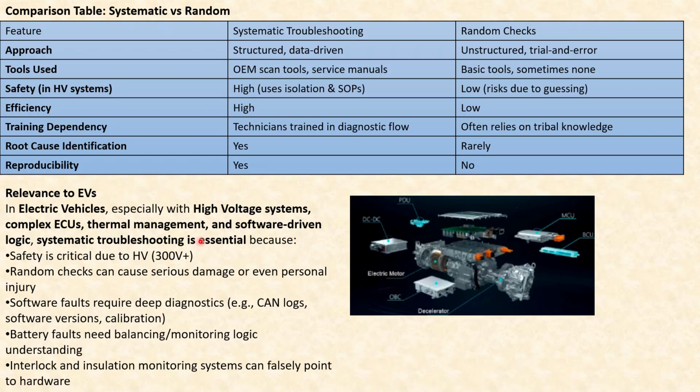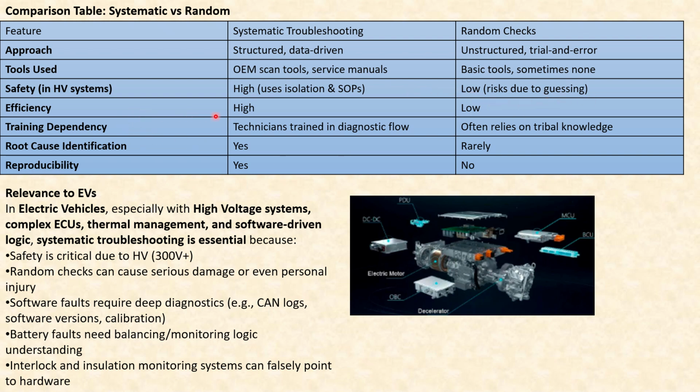So we will see a small comparison table about the approaches, the tools, the safety, etc. When it comes to approach, systematic troubleshooting is structured and data driven, and random check is unstructured trial and error. Tools used: OEM scan tools, service manuals, basic tools, sometimes none. Safety: high voltage isolation SOP for systematic, and low risk due to guessing.